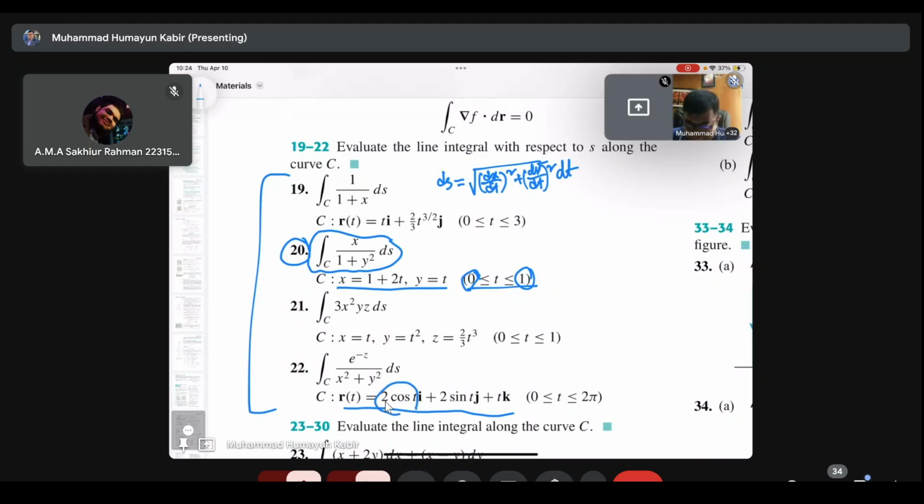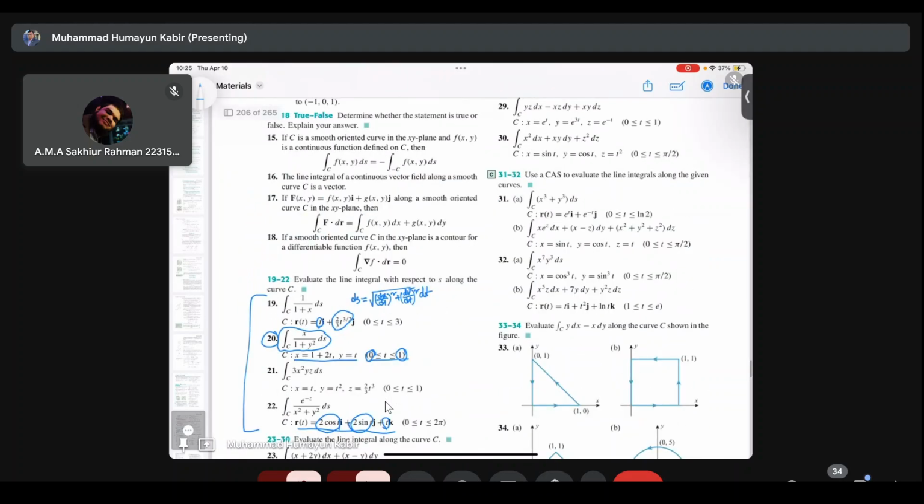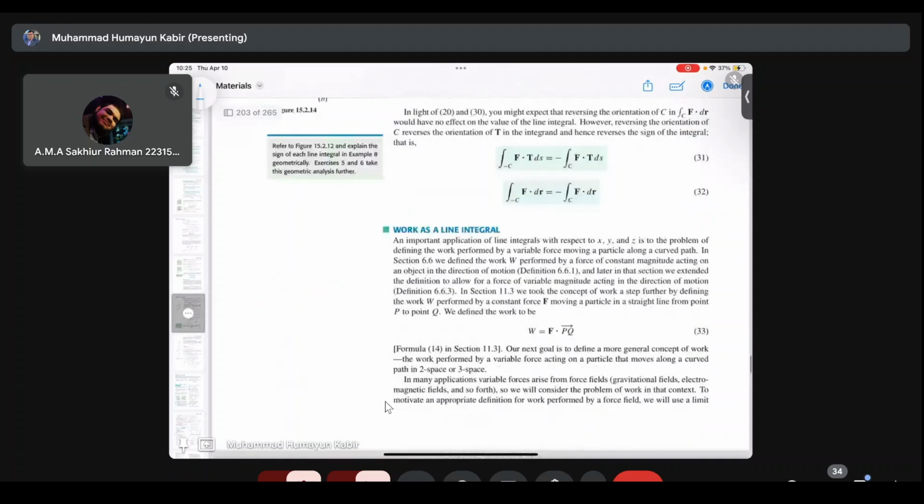Vector means x of t equal to this one, y of t equal to that one, and z equal to t. Understood? And here also x equal to t, y equal to 2/3 t to the power 3/2. You should follow the same process that I have mentioned. Okay, now if we have a vector valued function, then what will happen?